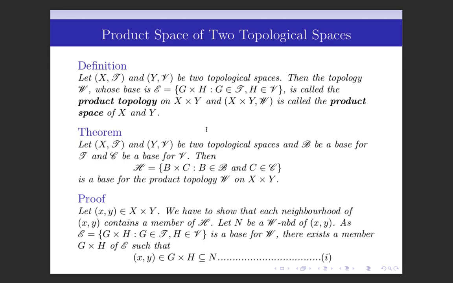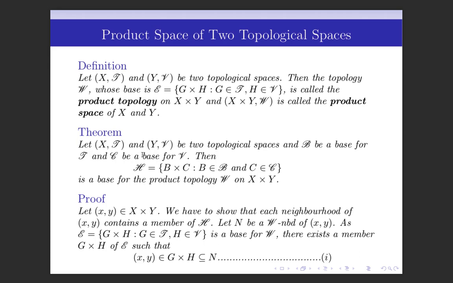Now we shall prove a theorem which provides us a base for the product topology. And we will see that this is a base similar to the base which we have shown in the last theorem.